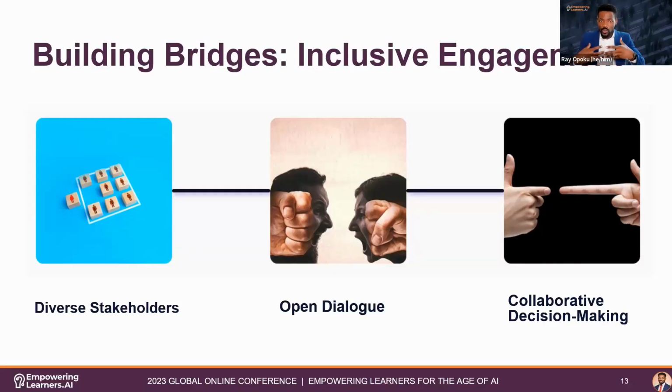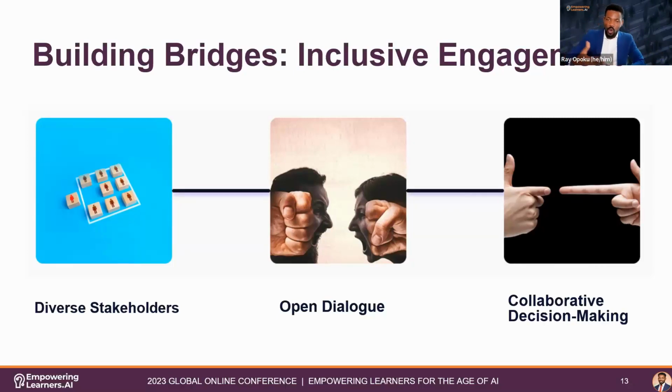Another way to build bridges and include everybody in the AI building process upfront is encouraging open and honest discussions. Researchers, computer scientists, and AI experts understand that code is human, and humans write code with their own inherent biases and their own outlook on how the world works.